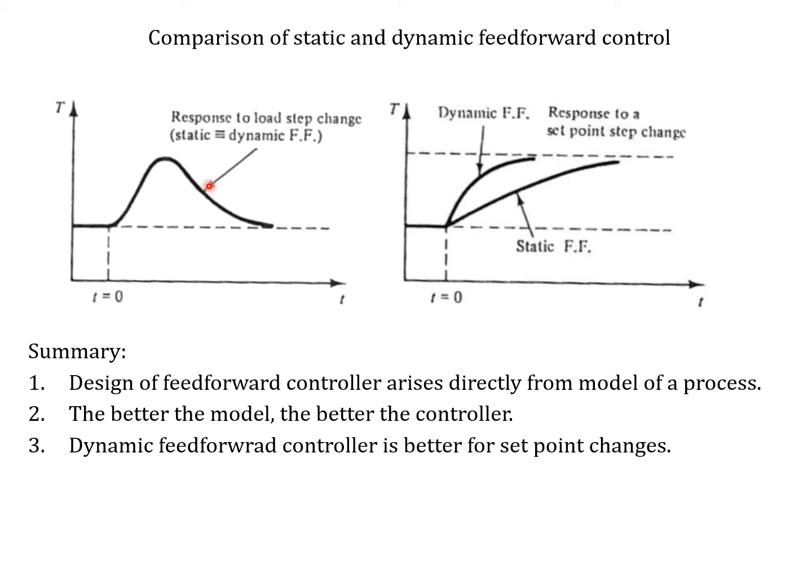So if you do not have a very complex system, you do not have problems that are very intricate to solve, we can still use the steady state to cater for many of the disturbances that come in. But whatever it is we can still use the feed-forward controller because it's all model based. It's just solved on the computer, and then it gives you the output straight to the manipulated variable.